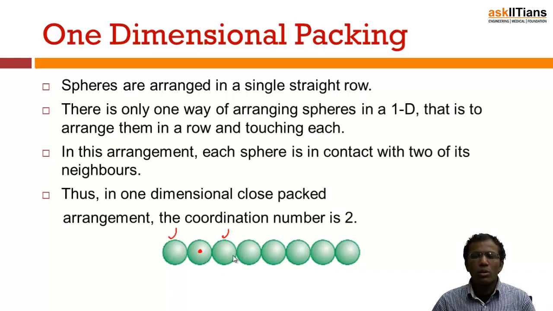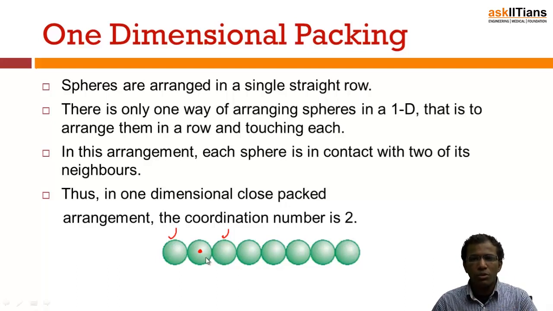The number of nearest neighbors is called the coordination number. Any particular sphere here has a coordination number of 2, because only 2 are touching each one. So this is about one dimensional packing, which is the simplest of all.